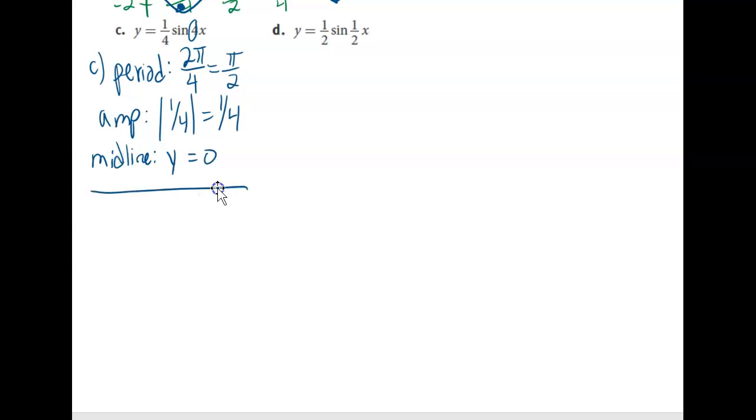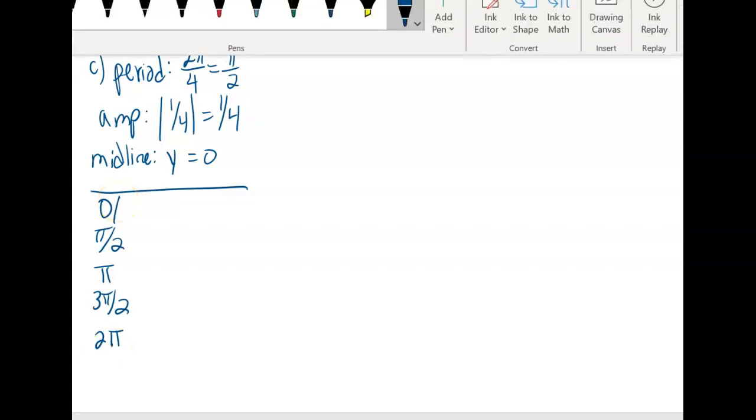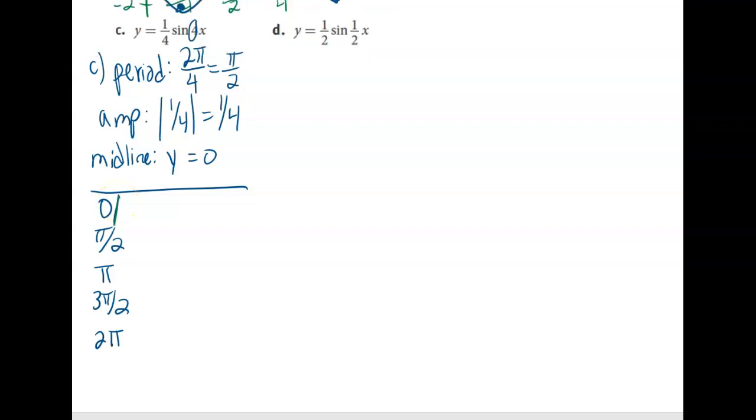So when I go to change these values, I'm starting with my parent, 0, pi over 2, pi, 3 pi over 2, 2 pi. And I'm going to divide all my x's by 4. Whatever's with x affects the x values, and you always do the opposite. X is the weird one. So we're going to divide all these by 4. And maybe it was helpful to do that in a different color.